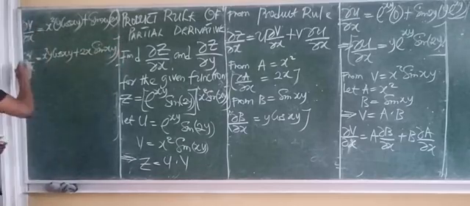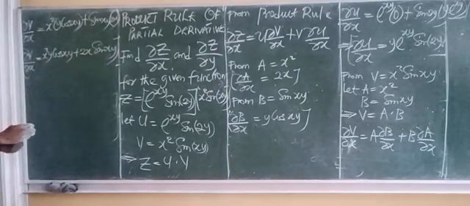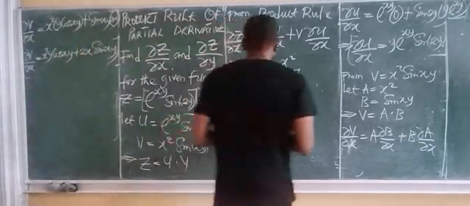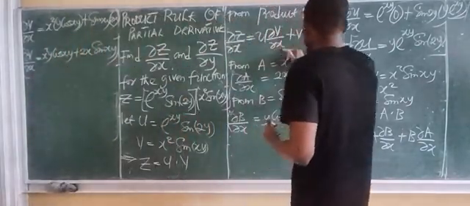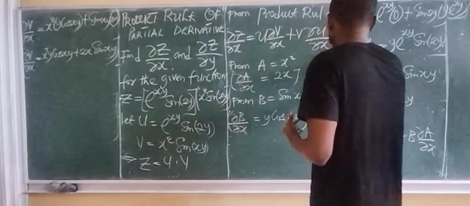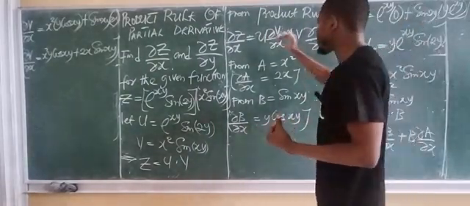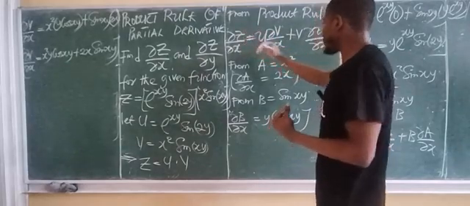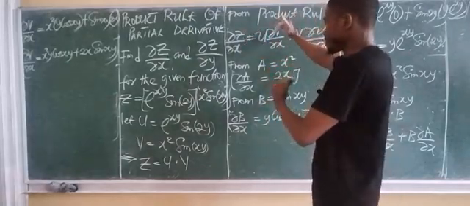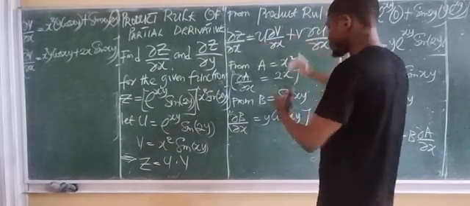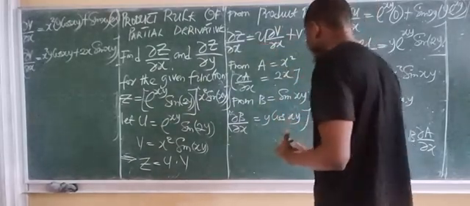So this gives me the partial derivative of v with respect to x. Now, I know the partial derivative of v with respect to x. I know the partial derivative of u with respect to x, here. So therefore, I can now find partial z partial x simply by plugging the values into what? This equation. I know what u is, and I also know what v is, so I can now do that derivative. Let's try it now and see.